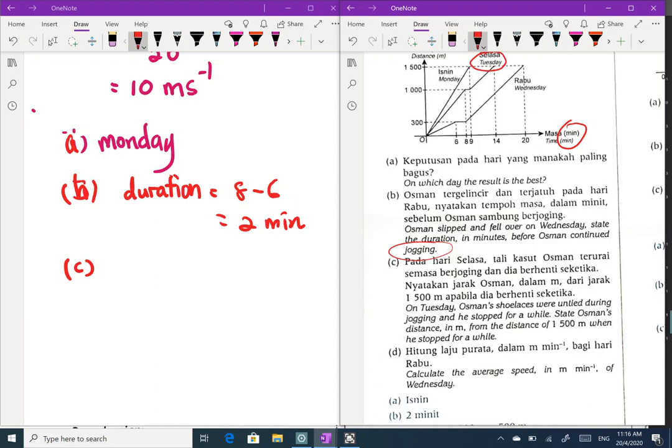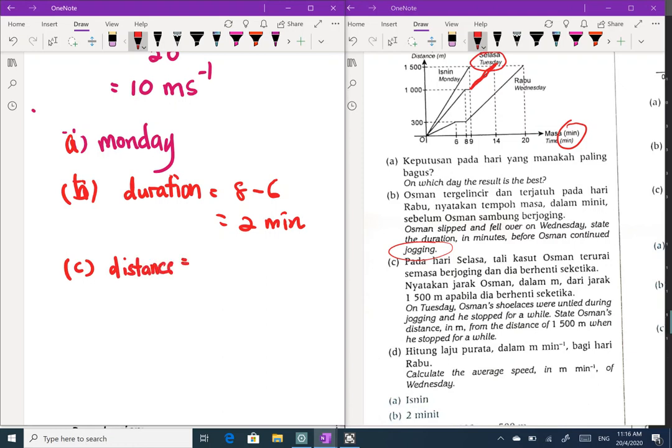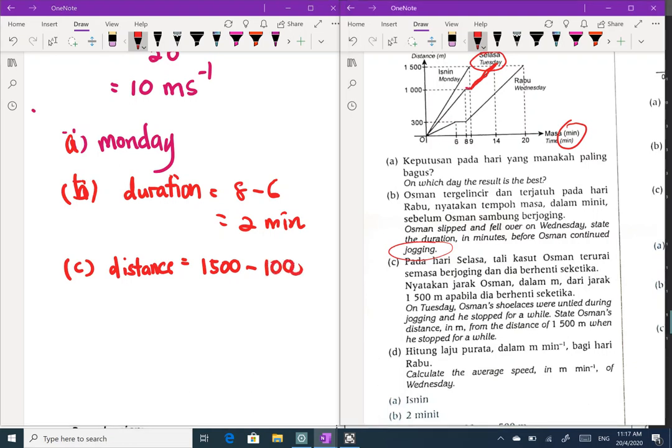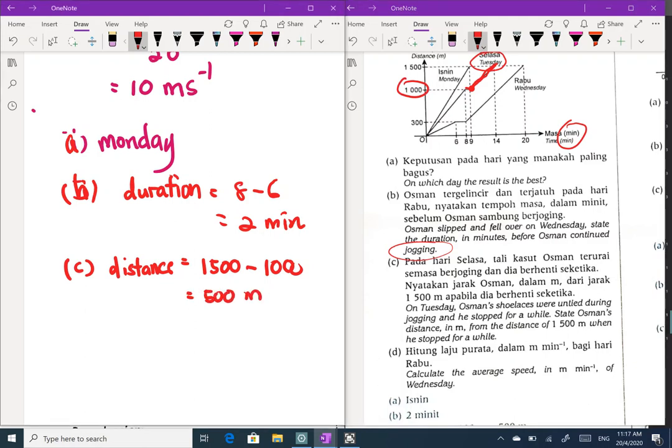State Osman's distance in meters from the distance of 1,500 when he stopped for a while. 我要知道他停下来到1500的距离。So the distance is 1,500 minus 1,000. This one is 1,000. So you get 500 meters.